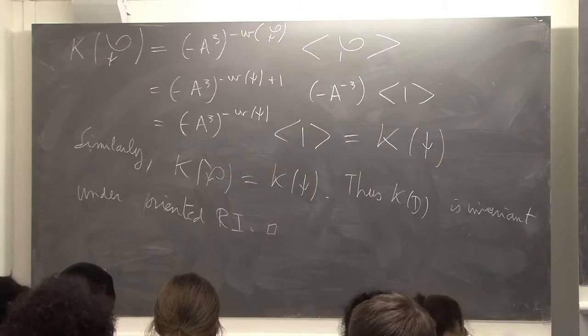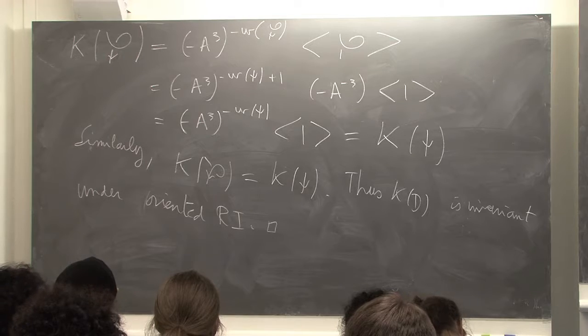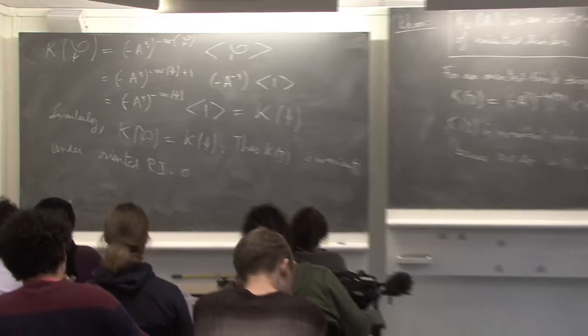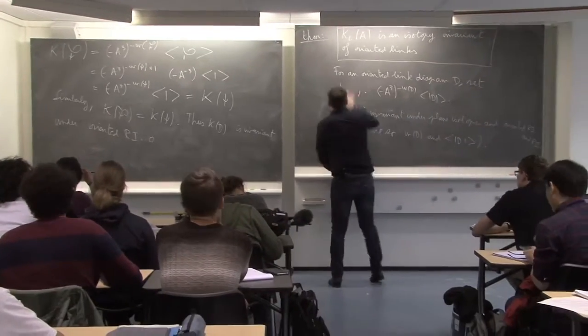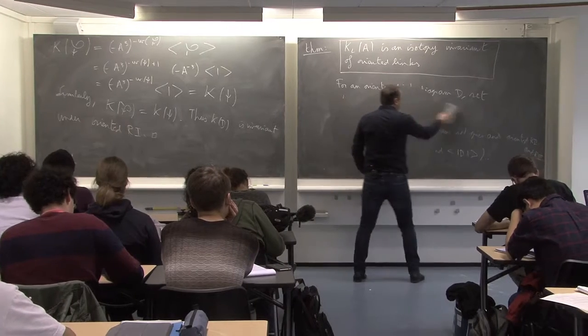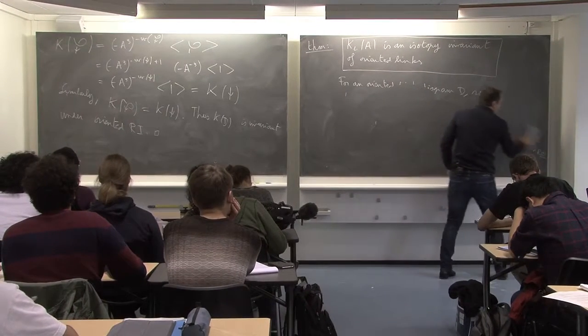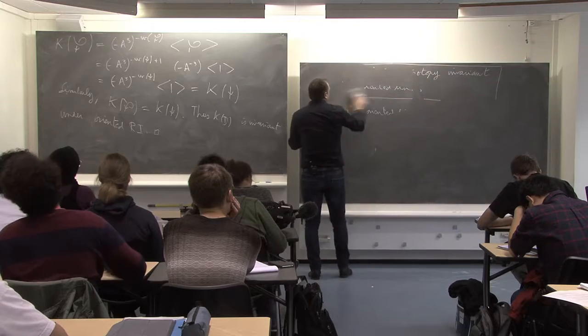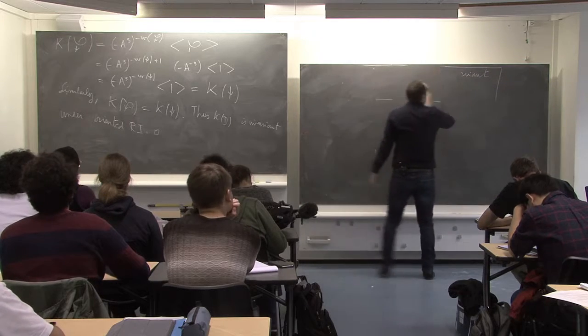So we finally have constructed an isotopy invariant of oriented links. We are almost done defining the Jones polynomial, but we need the following property.